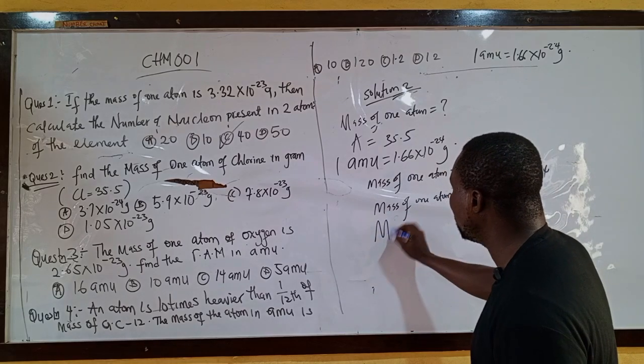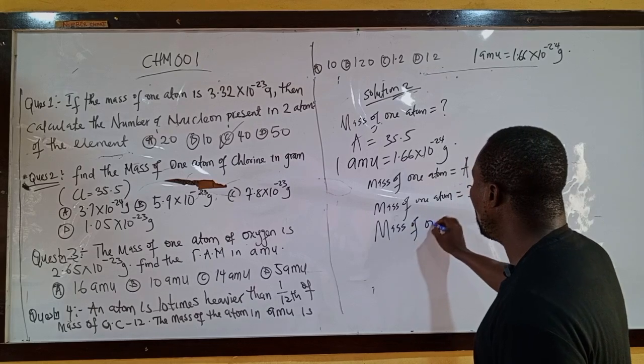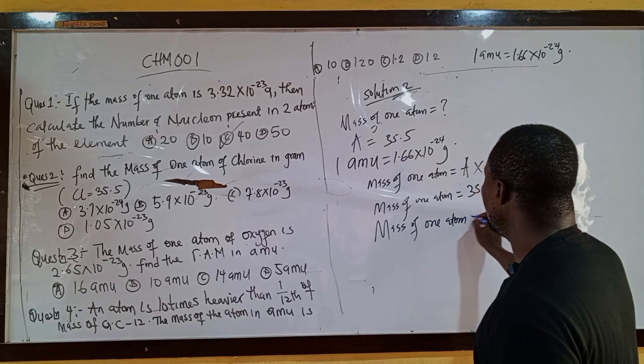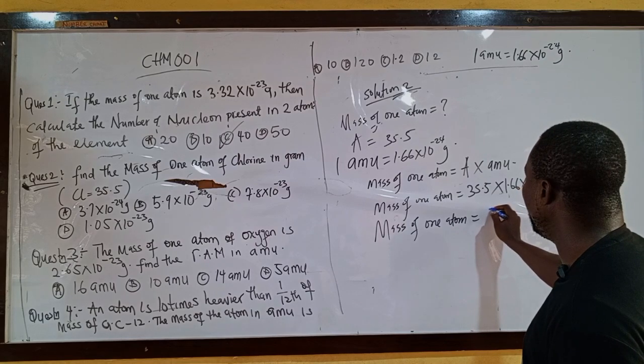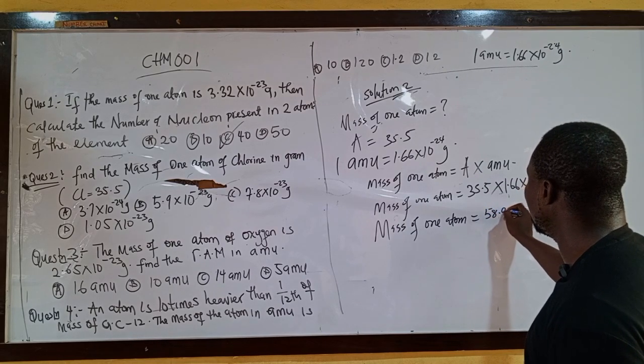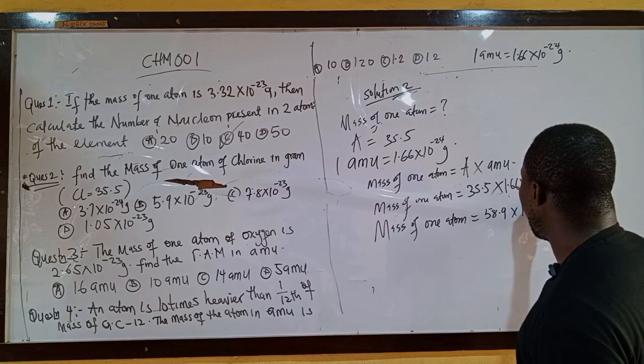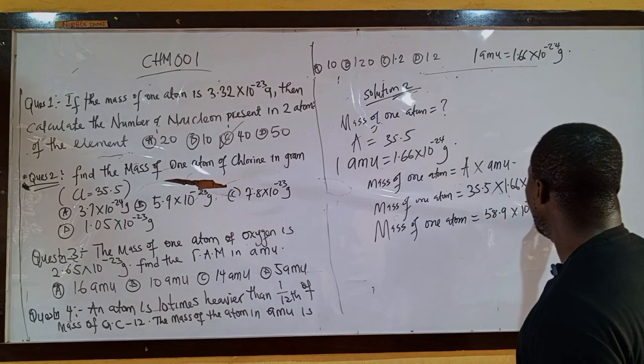You have mass of 1 atom equal to this, and it will give you 58.9 times 10 raised to the power minus 24 gram.